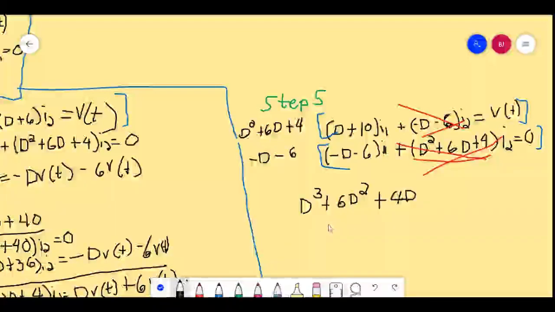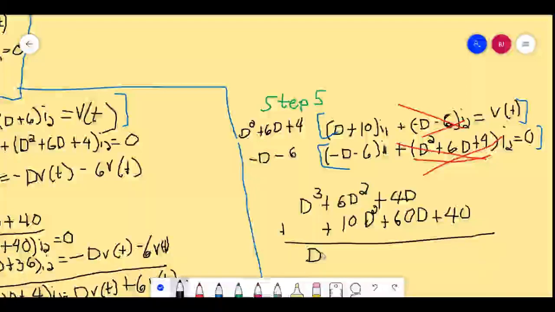Next, we'll multiply 10 with this equation. 10 times d squared is just 10d squared, and then we have 60d, and then we have 40.